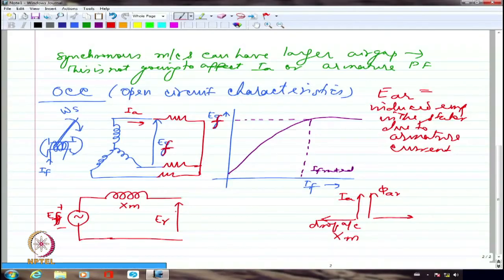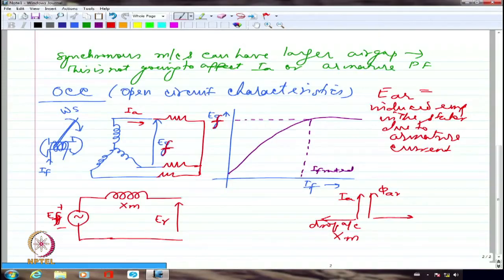Right? And whatever flux originally I said, I assumed that IF created a flux and it was linking completely with the stator. It may not. There will be definitely leakages from either side.